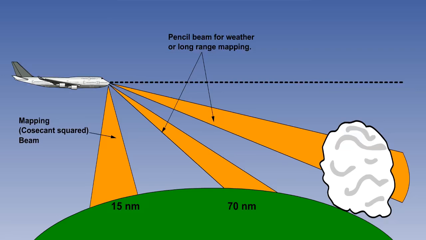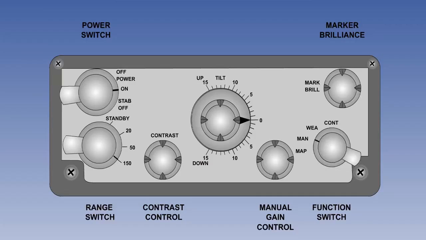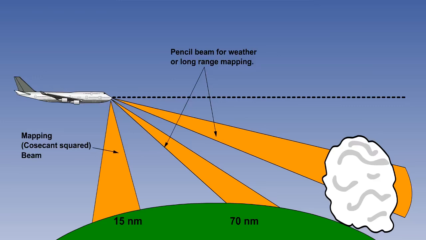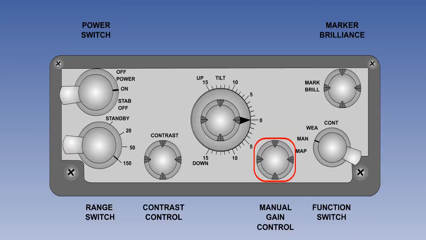Beyond the maximum range of the fan beam, the pencil beam is used by selecting the manual setting. In the manual setting, the pencil beam is selected for cloud detection and terrain mapping beyond 70 nautical miles. Manual gain is available.